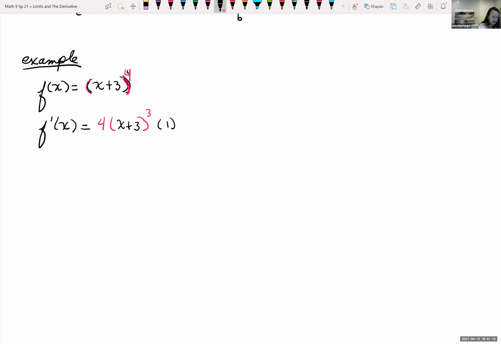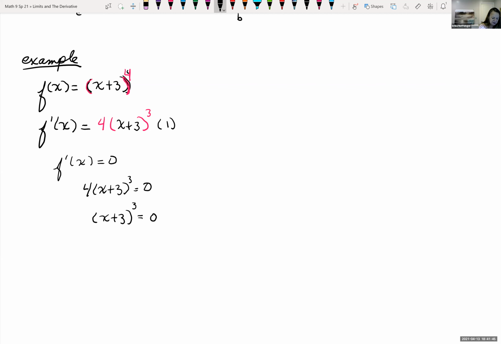Okay, so looking at this, I'm looking at when this is equal to 0 and where it's undefined. I notice that this is defined everywhere. So looking at when this is equal to 0, we have 4 times (x plus 3) cubed equals 0. If I divide both sides by 4, I get (x plus 3) cubed equals 0 divided by 4, that's just 0.